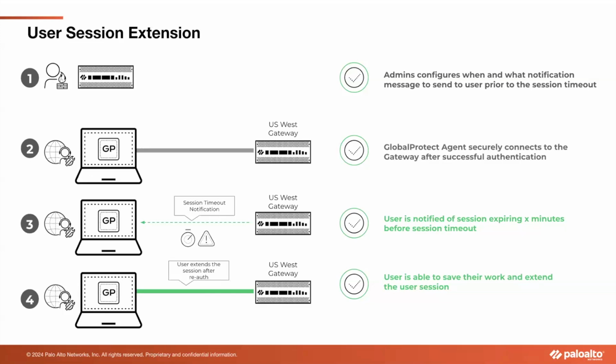he will notify the user that his session is going to expire. Now in the on-demand connectivity, the end user will initiate the GlobalProtect connection to the gateway. Then upon successful login with always-on connectivity, he will be connected to GlobalProtect.